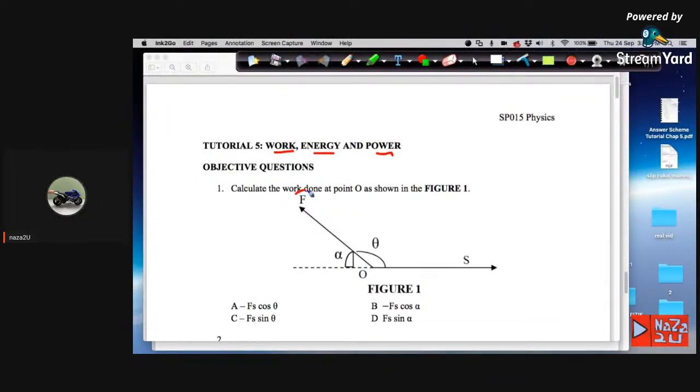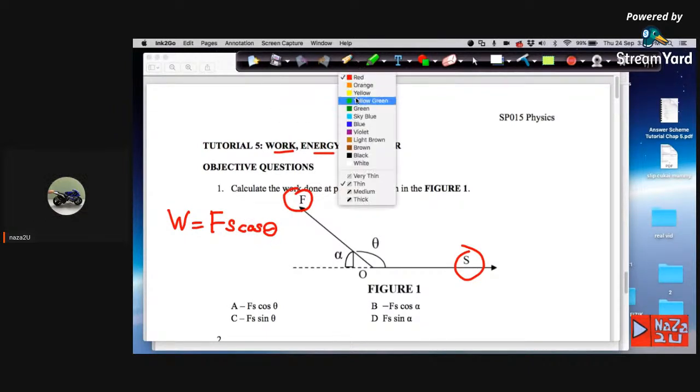So now we have the direction of the force to the left, and this is the direction of the displacement S. So the equation to calculate the work done is W is equal to Fs cos theta. Here, the direction of the force and the direction of the displacement S are in opposite directions.